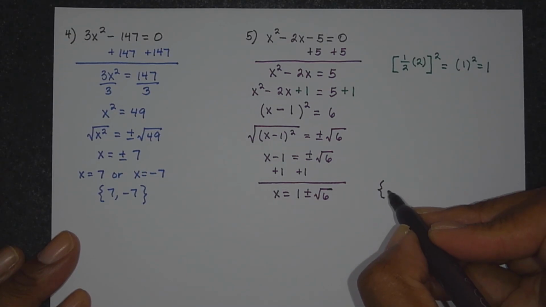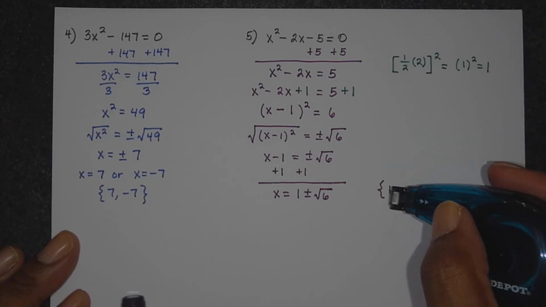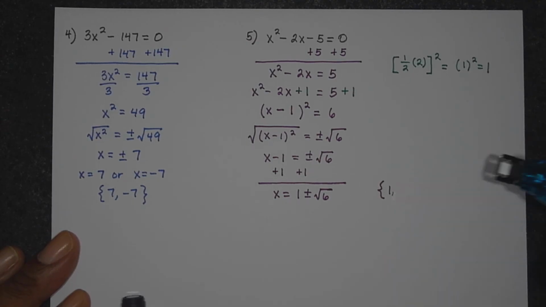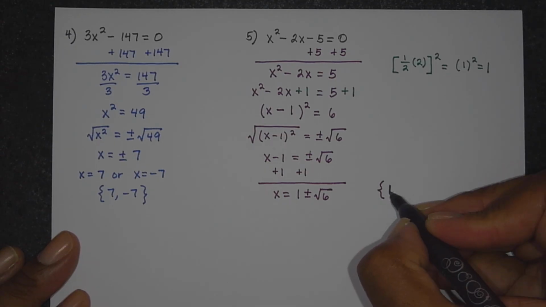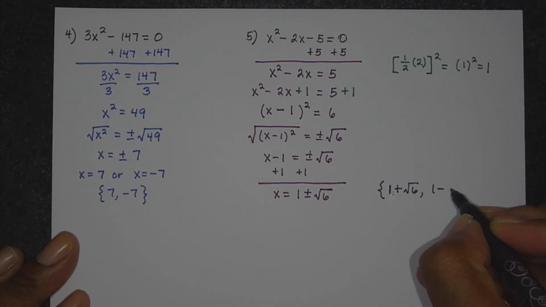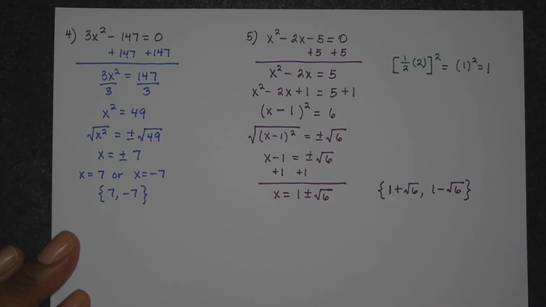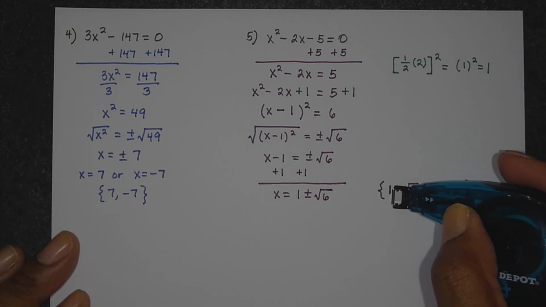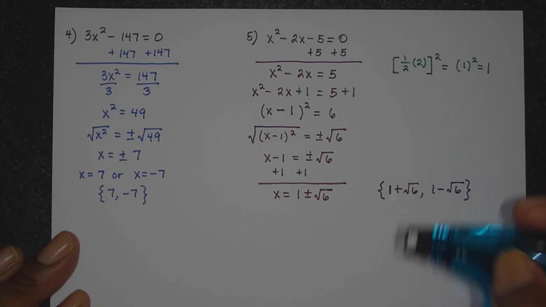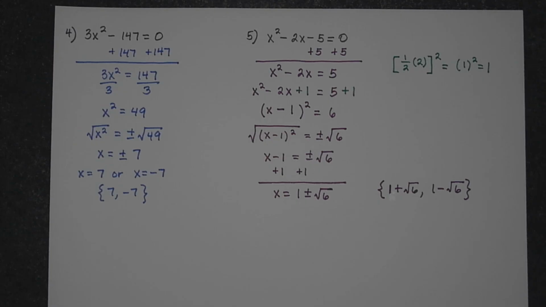Now you can write this as two separate answers if you want to, as 1 plus square root of 6, and then 1 minus square root of 6. Okay. Those are my two solutions for this quadratic equation.